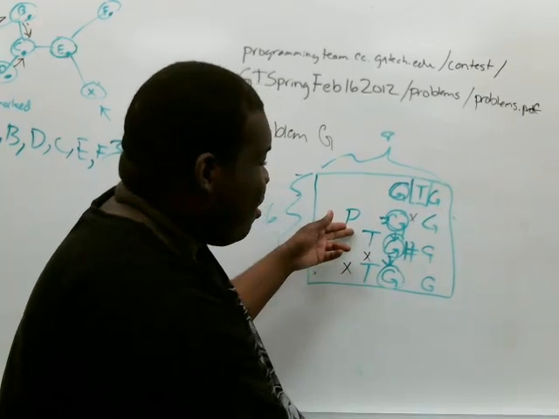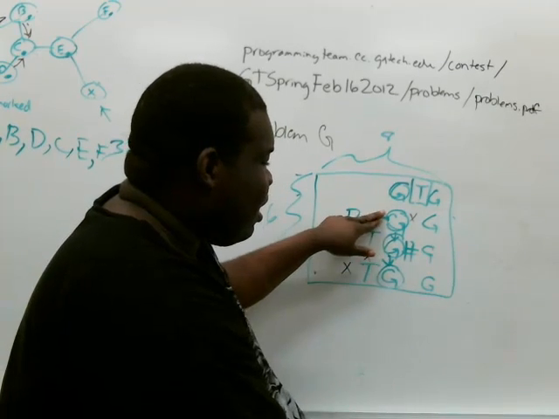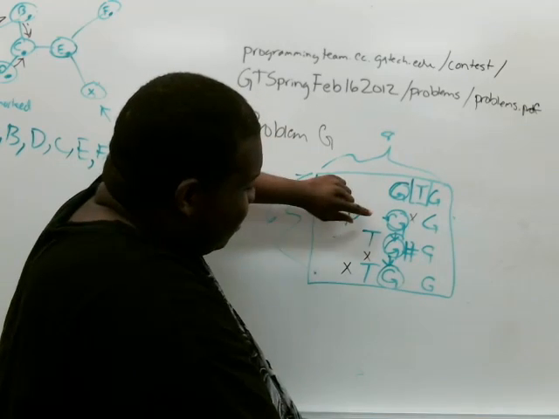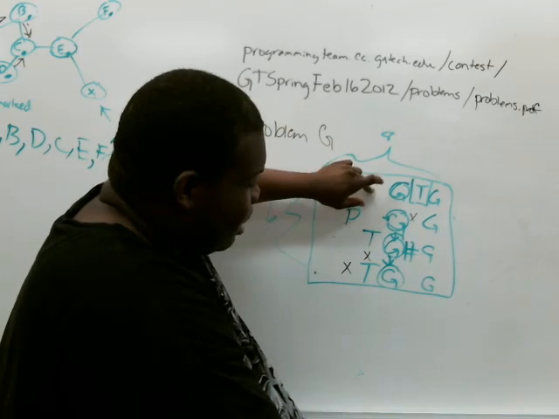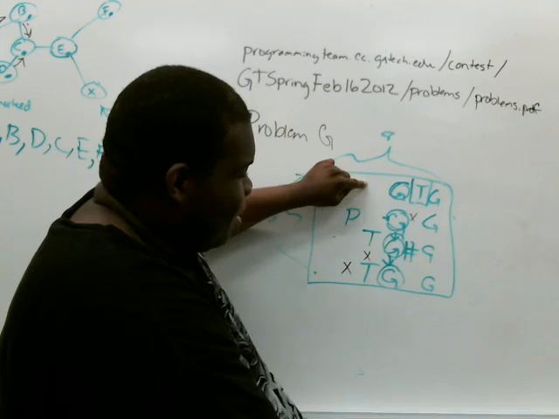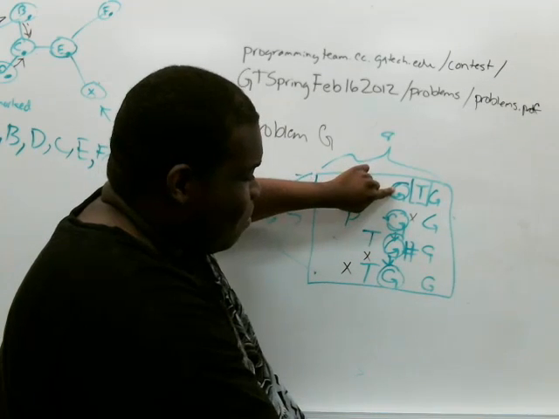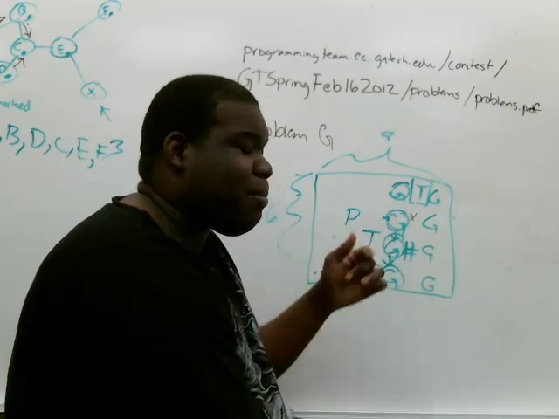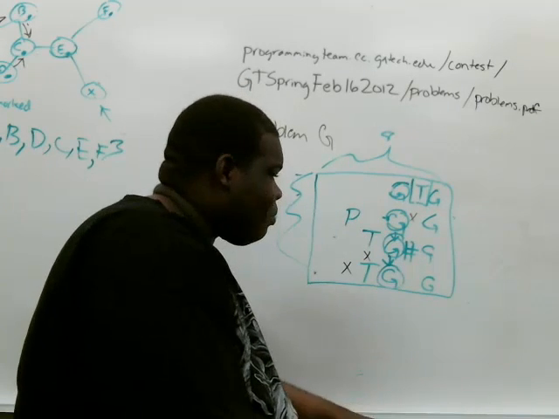Let's say that the player was here. She's not here. She's moved one over, and there's a trap right here. If she moves here, she'll notice that there's a trap. So she doesn't want to go here or here. But she can move up here, get that one. But she knows that there's a trap here, so she doesn't want to get that one because there could be a trap right there.